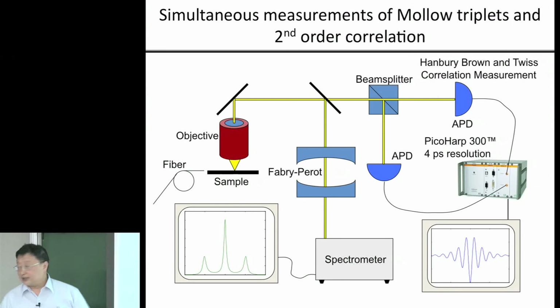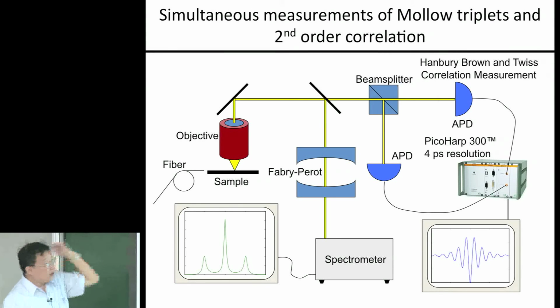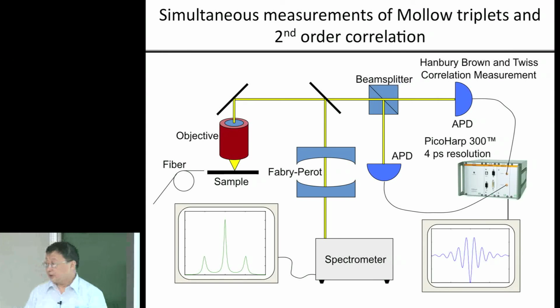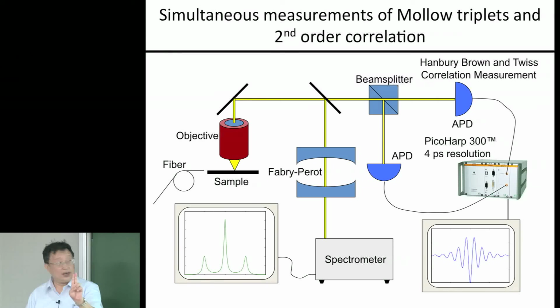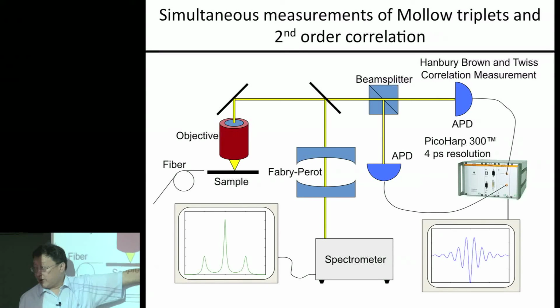And there's no way you can see them in a spectrometer. So how do we achieve that? What we did is we sent the light through a Fabry-Perot resonator. This Fabry-Perot resonator is high finesse, so it has a line width of about 1 micro eV. Okay? And then you can just scan the distance of this Fabry-Perot resonator.